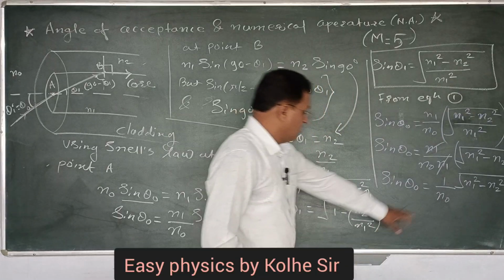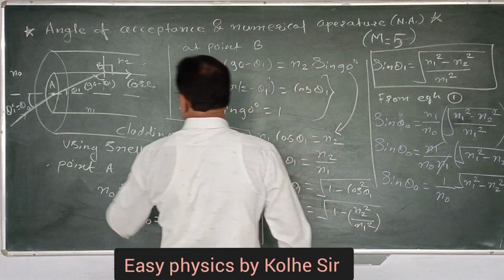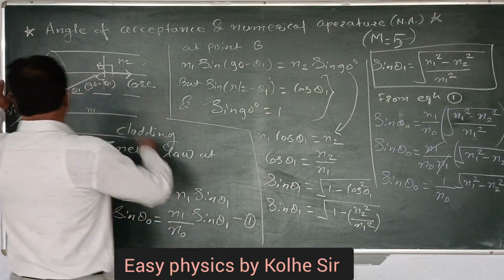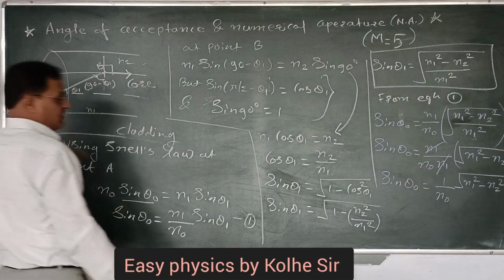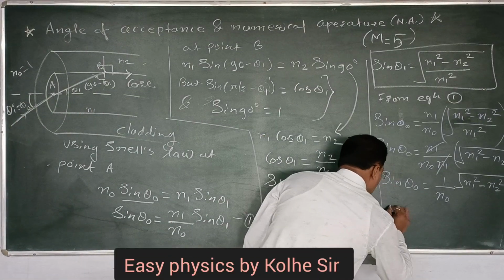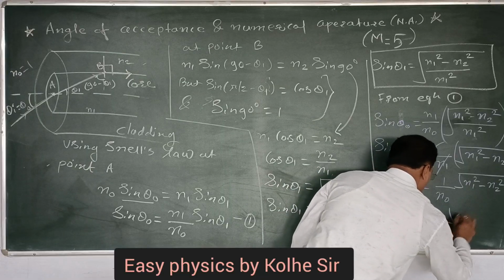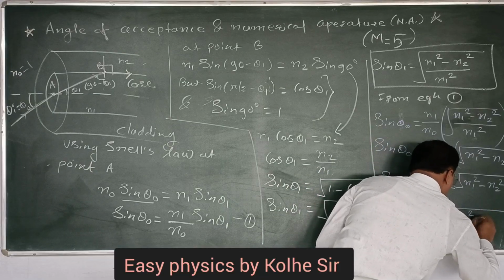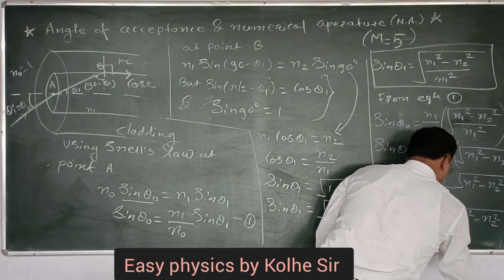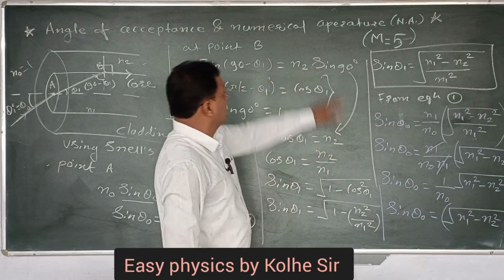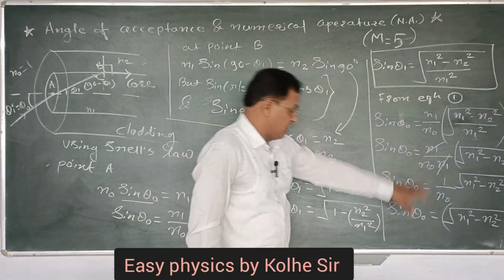But dear friend, n suffix 0 means refractive index of air is 1. That's why sine of theta suffix 0 is equal to root of n1 square minus n2 square, and this is nothing but numerical aperture.